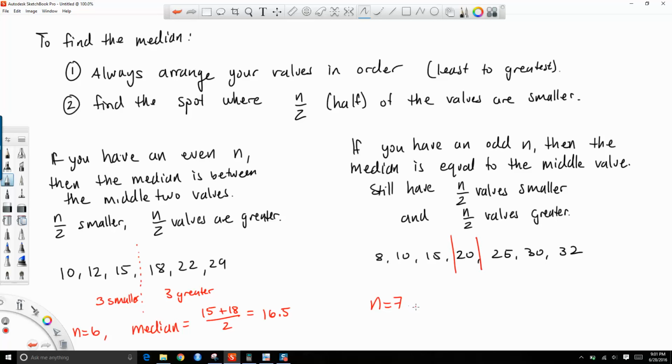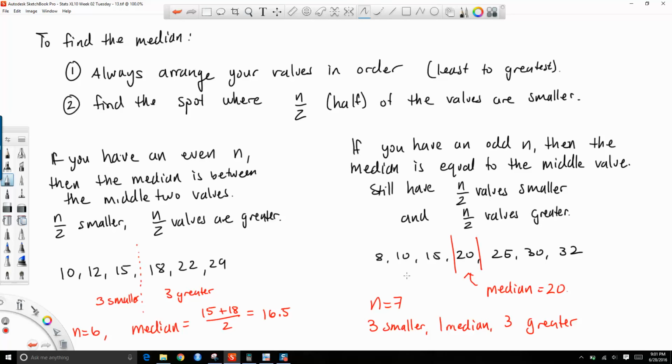So 7 over 2 is 3.5, but we are going to have 3 smaller, 1 median, and 3 greater. Okay, and so here the median is 20. And then you've got 3 values that are greater, 3 values that are smaller. Is that okay?